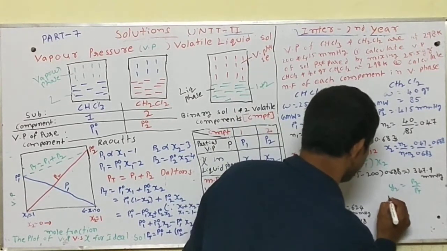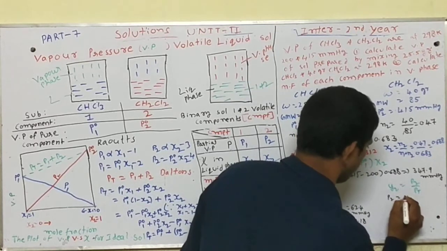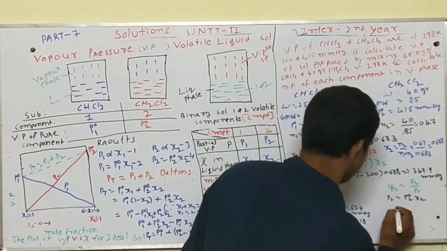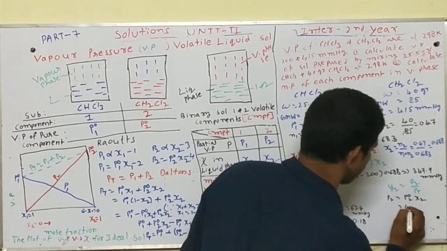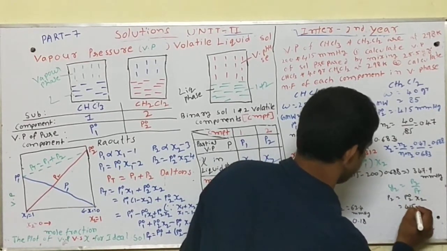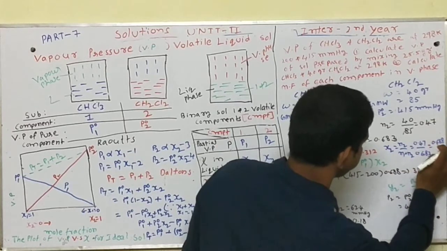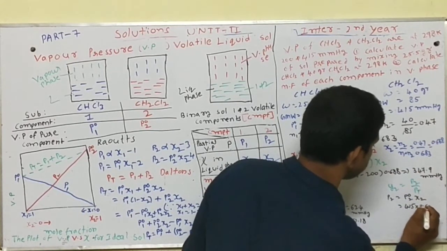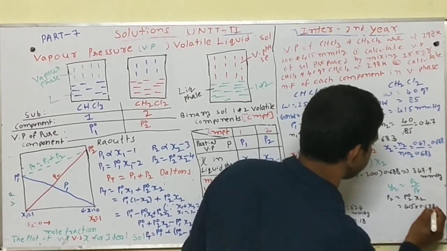P2 is equal to P02 into x2. P02 is 415 into x2, which is 0.688.